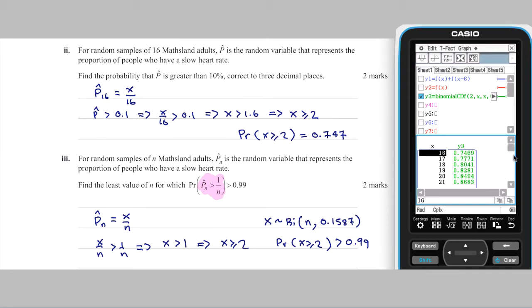Looking at this table of values, we are interested in when the probability first exceeds 0.99. We can see that this occurs for the value n equals 39, and hence this is our answer.